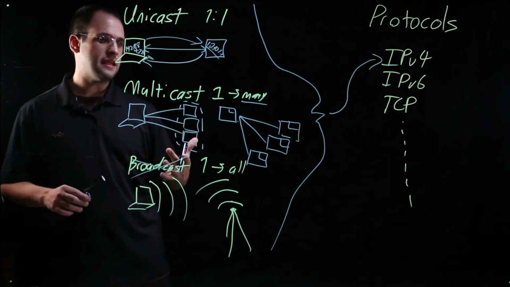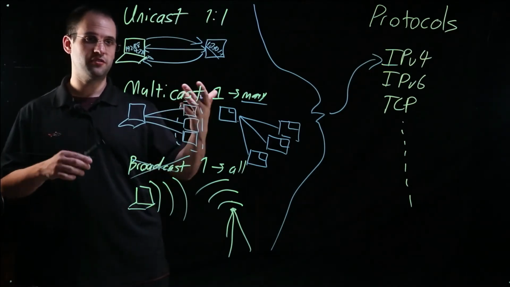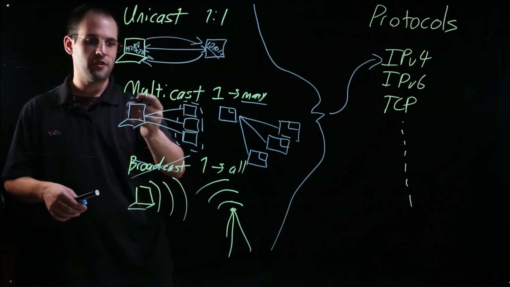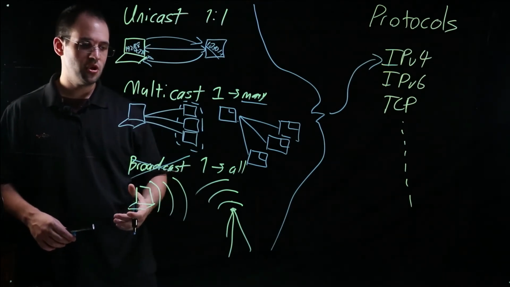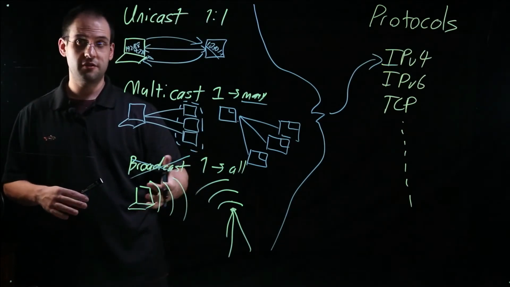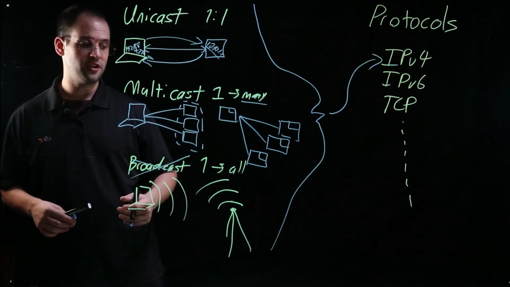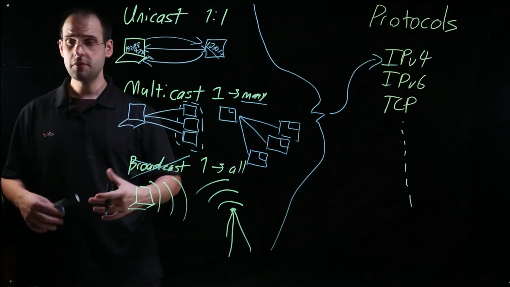But again, the point being that we are going to have different modes of communication with different sets of devices, whether that be a one-to-one communication, whether that be one device sending it to many other devices on a network, or a computer or a system sending it out to anyone and everyone that could possibly be listening on its network, and that being in the form of a broadcast.